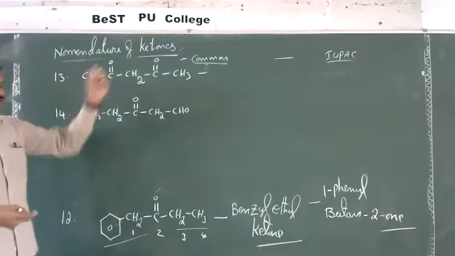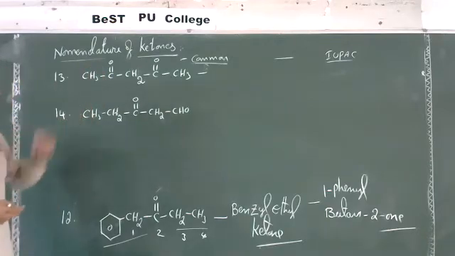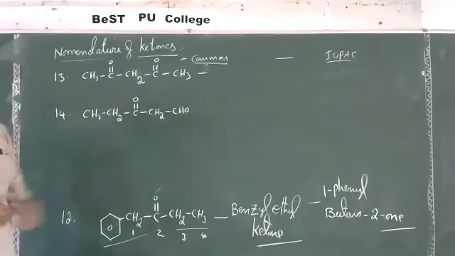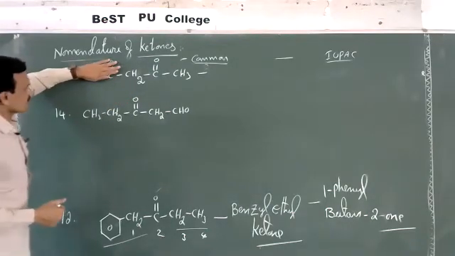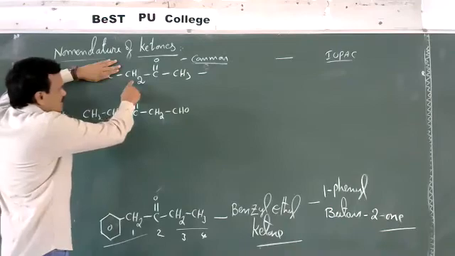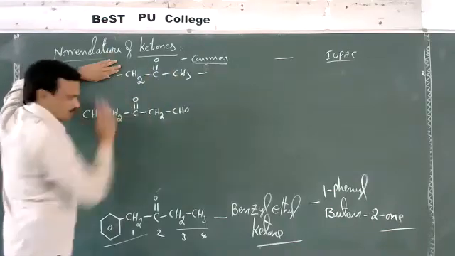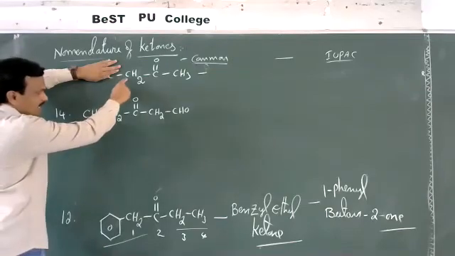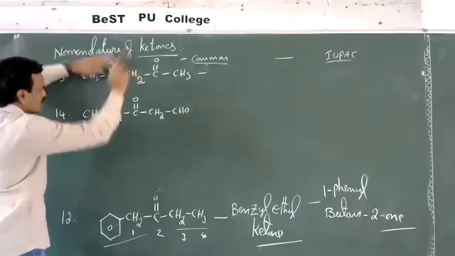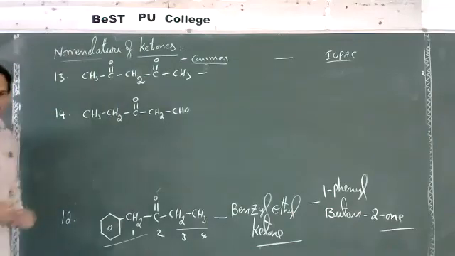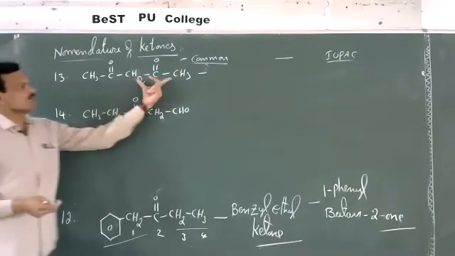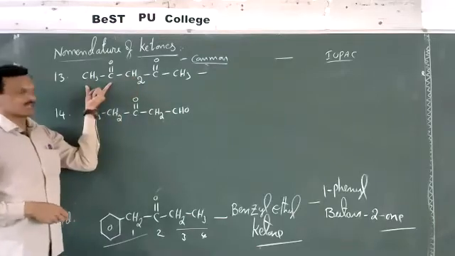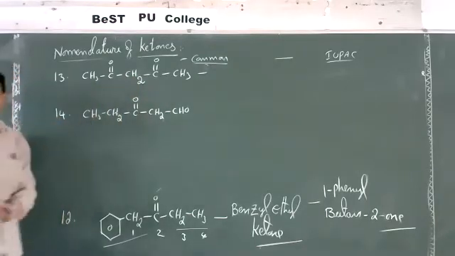In an acetone molecule, CH3COCH3, if one hydrogen of the alkyl group is replaced by an acetyl group, then you get this compound.